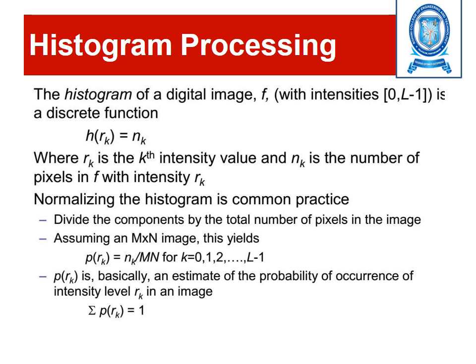For histogram processing we have certain functions. We have a discrete function h of rk equal to nk, where rk is the kth intensity value and nk is the number of pixels with intensity rk. To normalize the histogram, as common practice, we divide the components by the total number of pixels in the image. For an M cross N image, this yields p of rk equal to nk by MN, where k ranges from 0 to L minus 1, and p of rk is the estimate of the probability of occurrence of intensity level rk in the image.